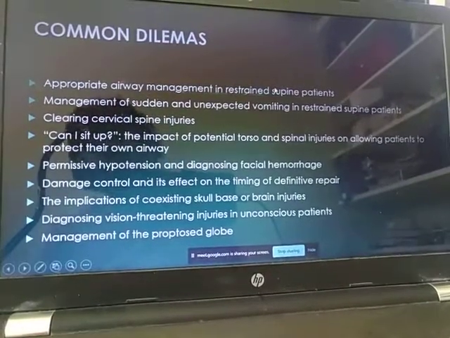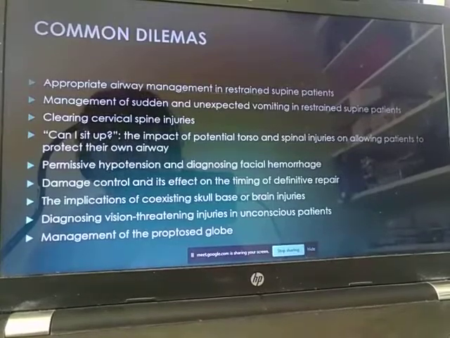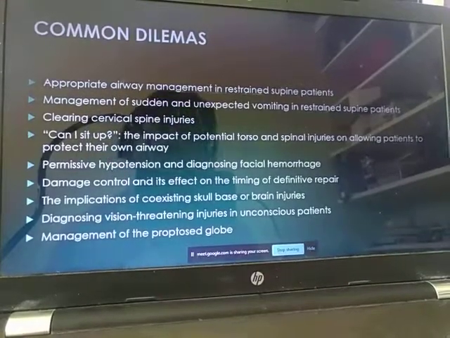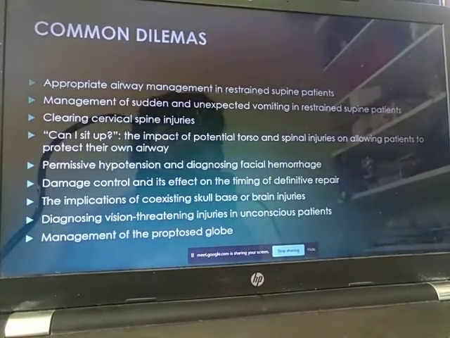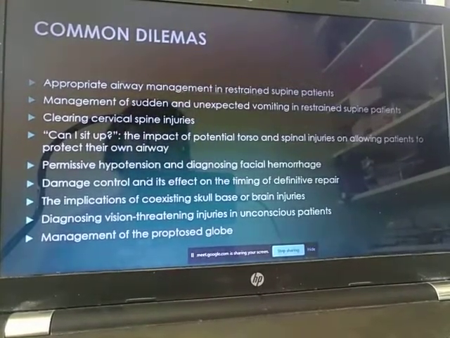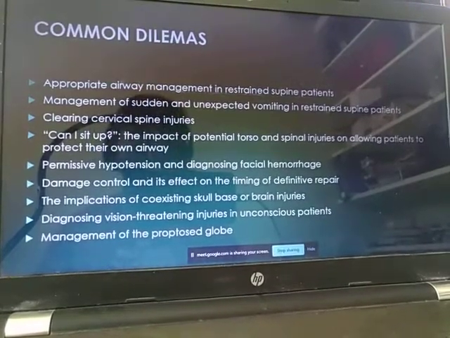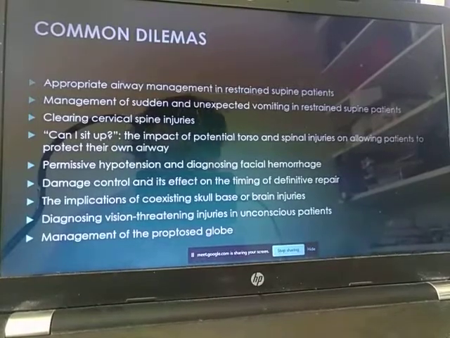These are very common dilemmas that we face while treating these patients. For example, appropriate airway management in restrained supine patients. So, if you are suspecting a cervical spine injury, you are supposed to restrain the patient's head in order to not increase the injury.